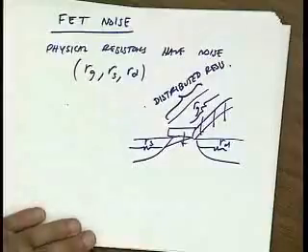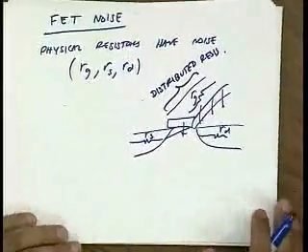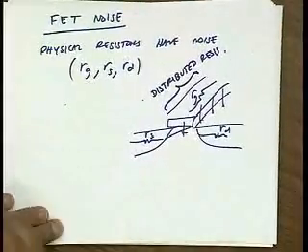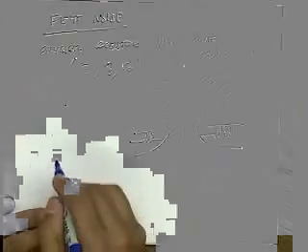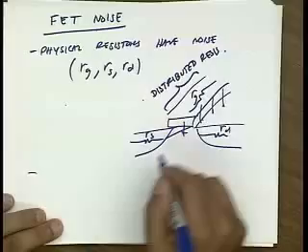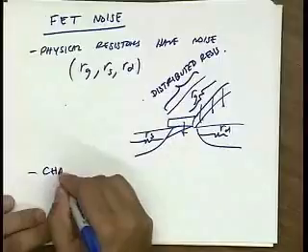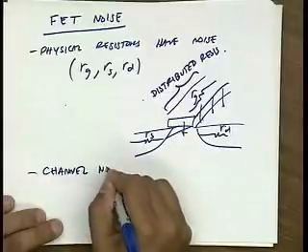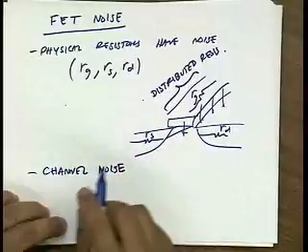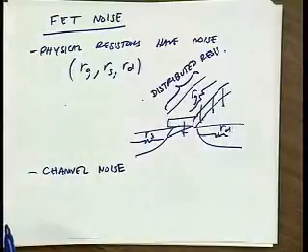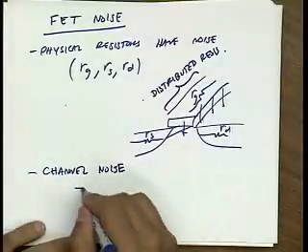Okay, and we have to take that into consideration when we calculate its noise. Okay. Now, the other important source of noise is the channel noise. And the channel noise has one important component. There's the thermal noise component.